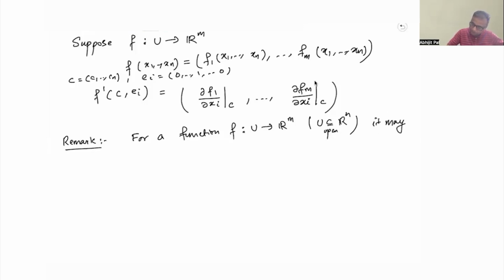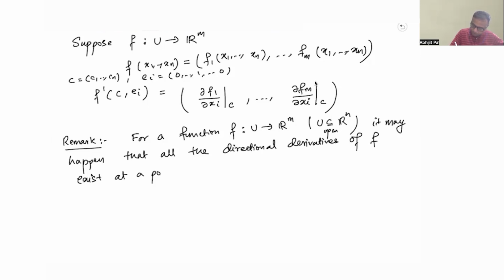So it may happen that all the directional derivatives of f exist at a point c belonging to U, but f may not be continuous.